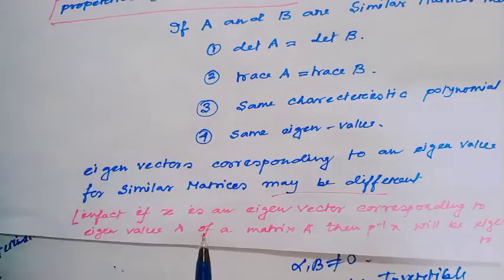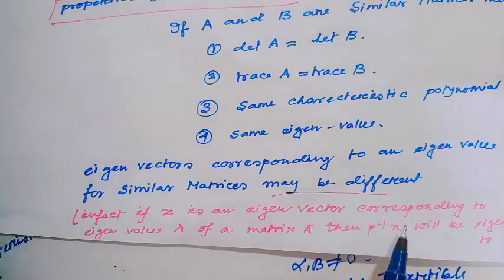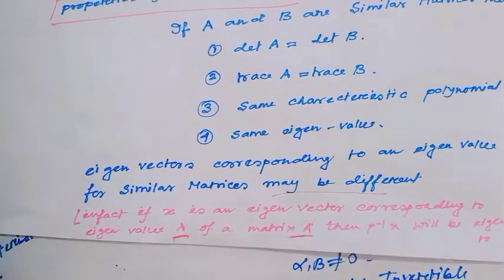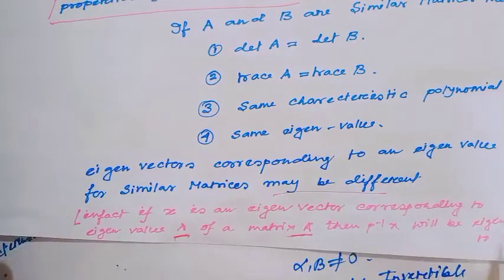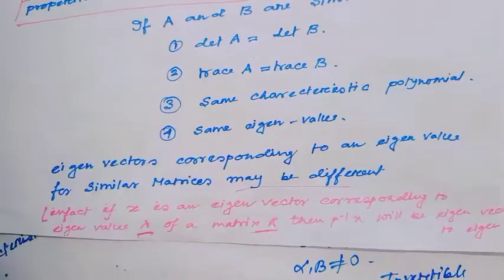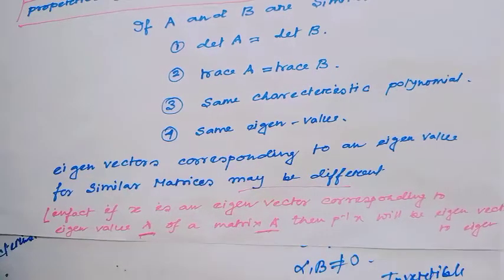In fact, if X is an eigenvector corresponding to eigenvalue lambda of a matrix A, then P inverse X will be the eigenvector corresponding to eigenvalue lambda for the matrix B.